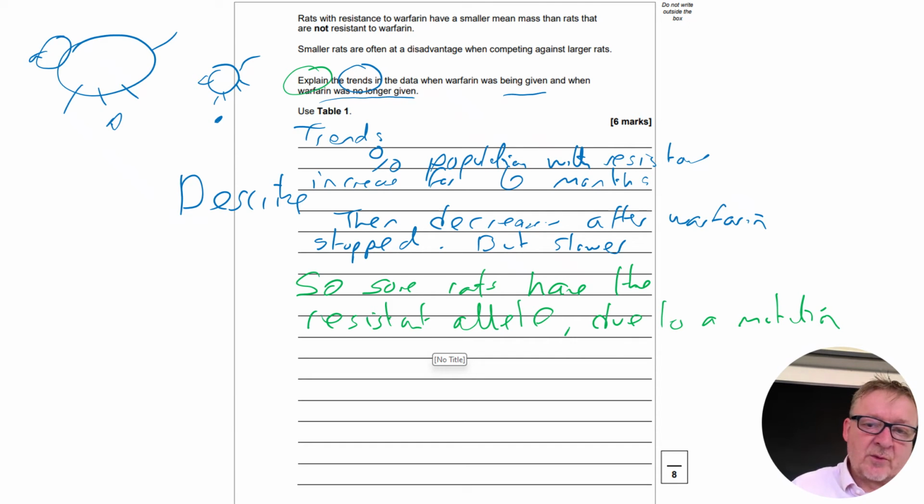Okay, now we've got to think about the question again. Being given, which is increase, and then no longer given. So I'm going to do increase first. So the rats with the allele reproduce, passing on the allele.